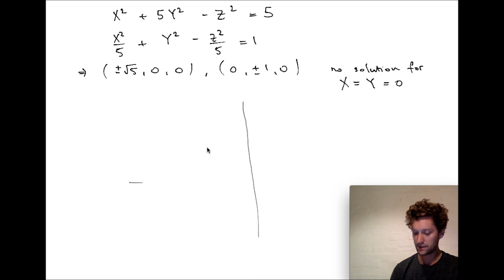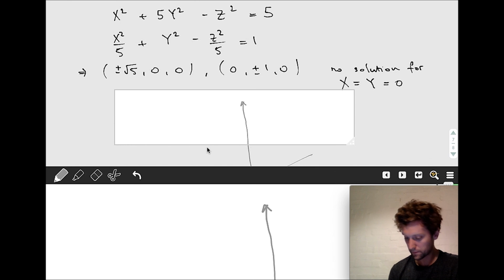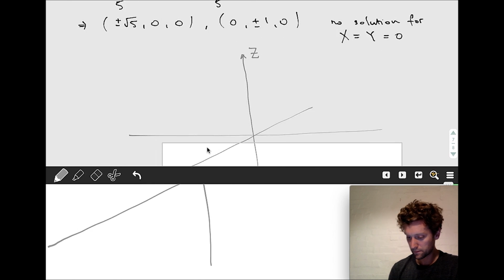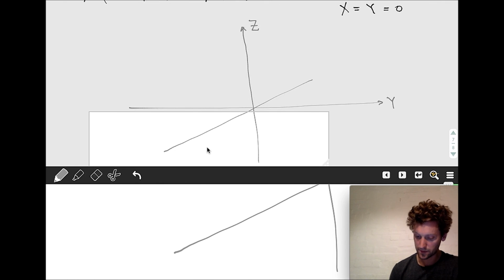Here's my z-axis, my big y-axis, my big x-axis. Here's y. Here's x.